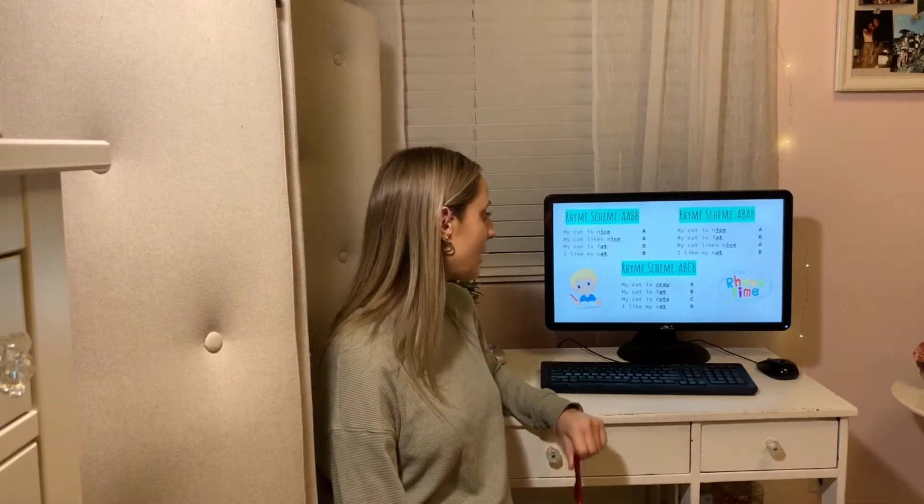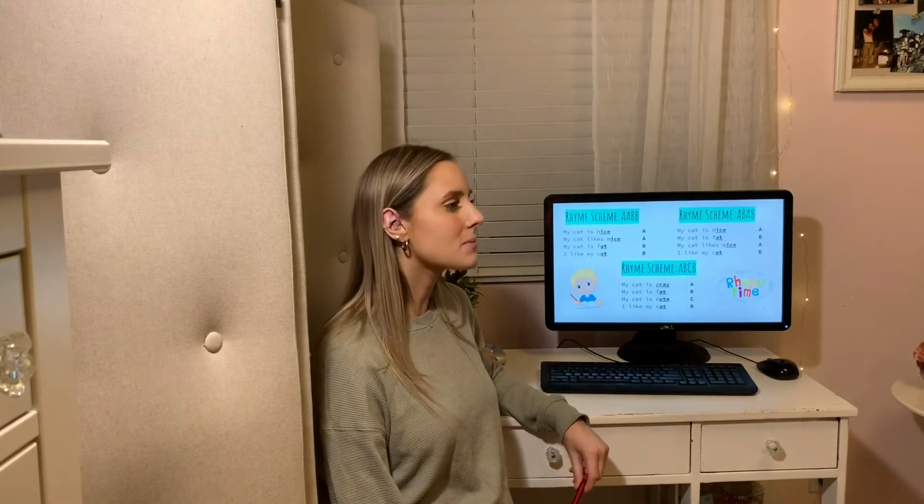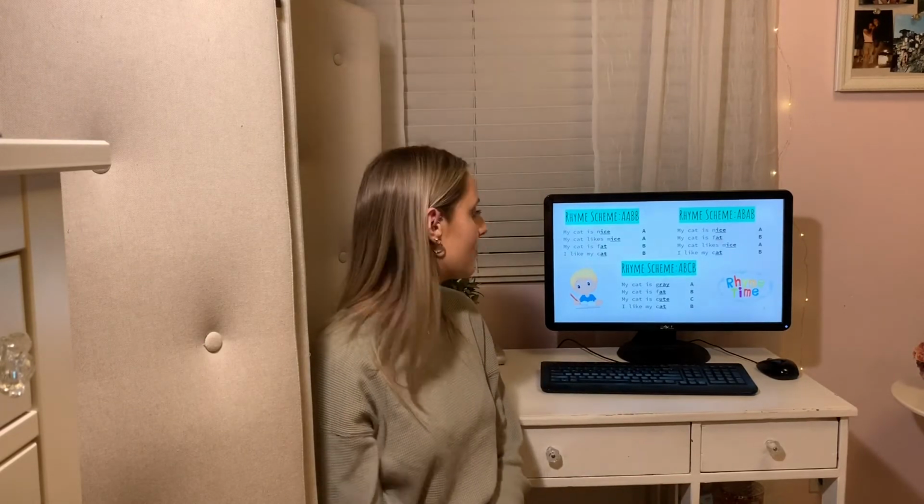My cat is gray, my cat is fat, my cat is cute, I like my cat. So the rhythms might sound kind of similar, but the way that you set up your poems and the way that you structure your rhyme schemes really affects the way your poem rolls off the tongue when you read it out loud.